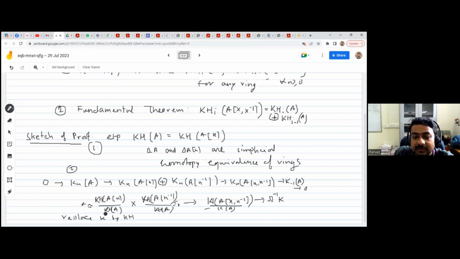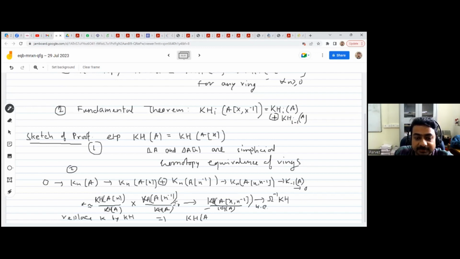This is kh, this is kh, and this is kh. Once this becomes a point, the point cross point is a point, and this is the cofiber. So this implies that this is a weak equivalence. So it means that we have a spectrum level kh of a.